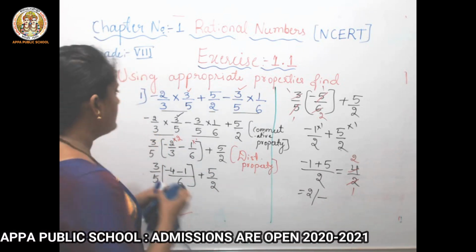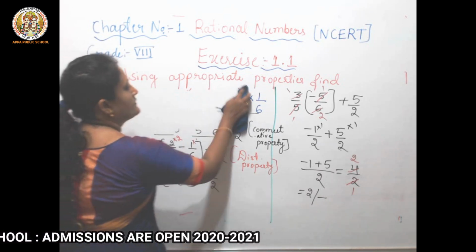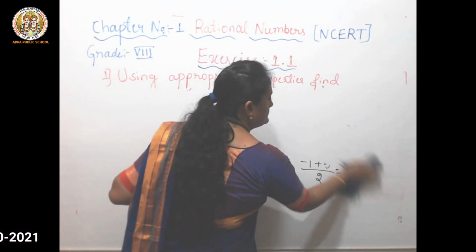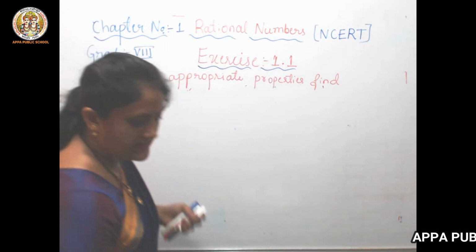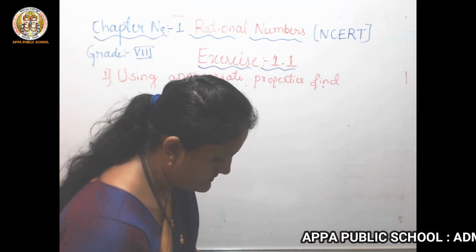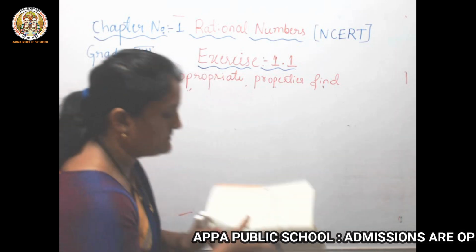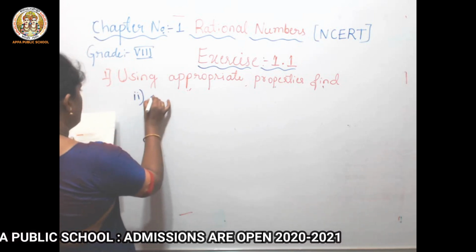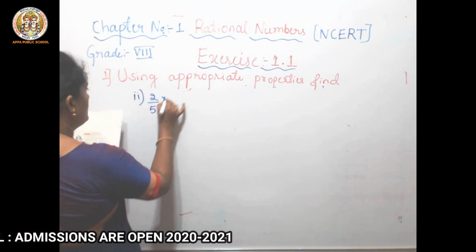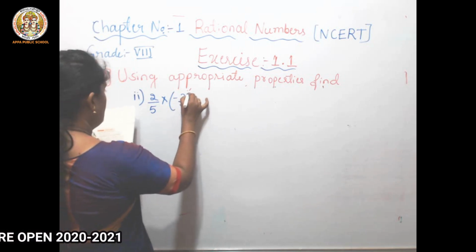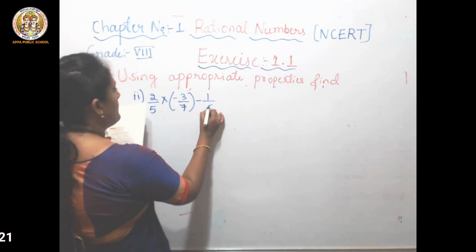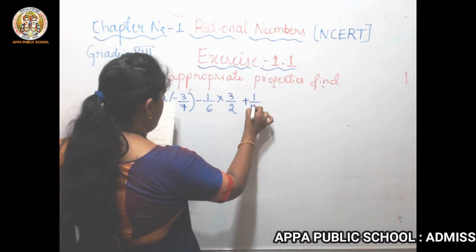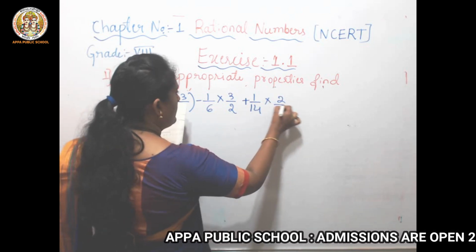Shall we go for the second one? What is the second question? The second question is: 2 by 5 into minus 3 by 7 minus 1 by 6 into 3 by 2 plus 1 by 14 into 2 by 5.